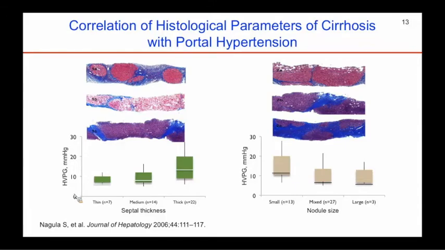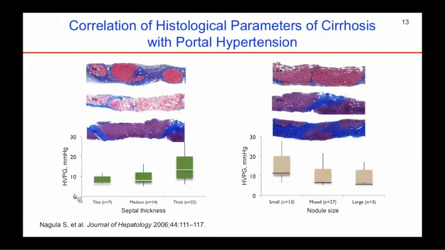And so these are data from a very simple and lovely study from Lupe Garcia et al., looking at the relationship between histologic features of cirrhosis, meaning the septal thickness and the nodule size, and the likelihood of a rising HVPG. What we're seeing is as cirrhosis progresses, the bands get thicker, and they squeeze and make the nodule smaller.